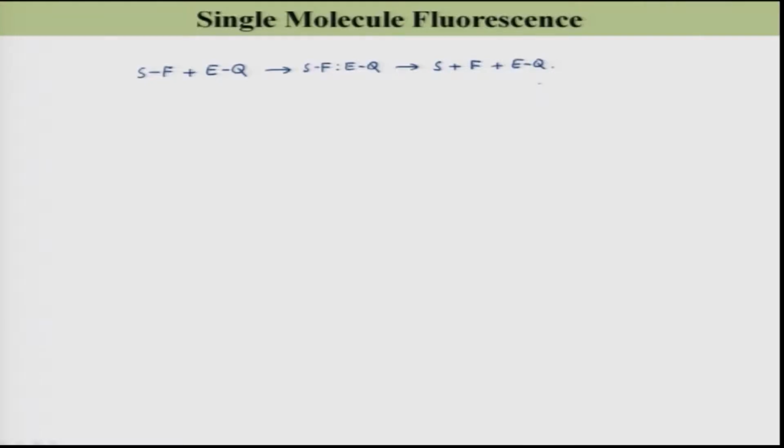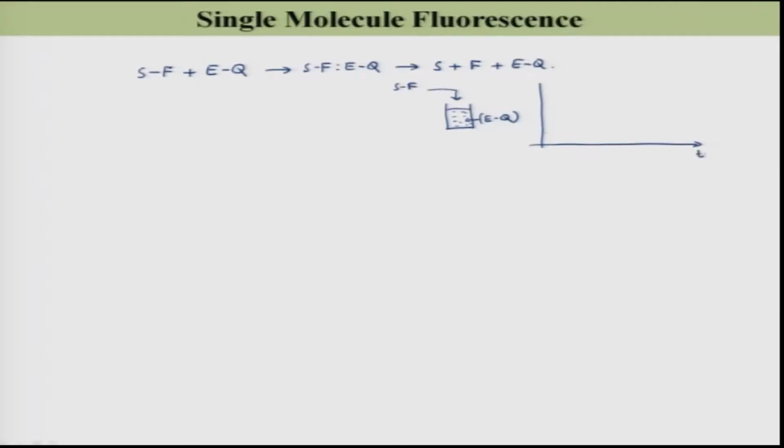In that case, you should take your enzyme E in the cuvette, and then add the substrate SF.